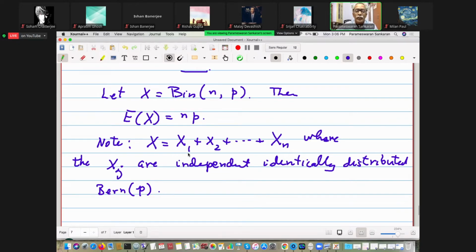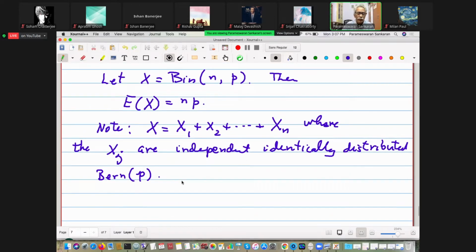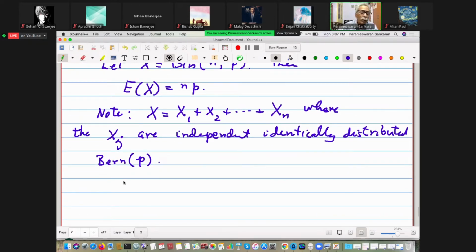That's the reason why x is equal to x1 plus so on plus xn, where each xj is Bernoulli with parameter p, and they are IID, independent and identically distributed random variables. Now this is very simple because we have already computed, well, linearity.